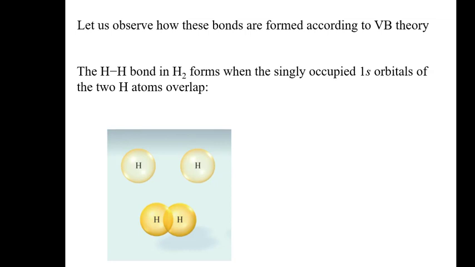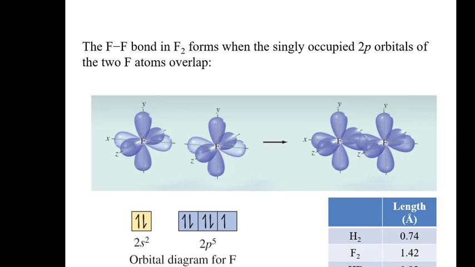They're going to overlap along any direction in this case because they're spheres, and they're going to reach an ideal distance from each other. And that's the bond length we were seeing before. The bond length is the distance between the nuclei at this point. When two fluorine approach, however, the situation is different.